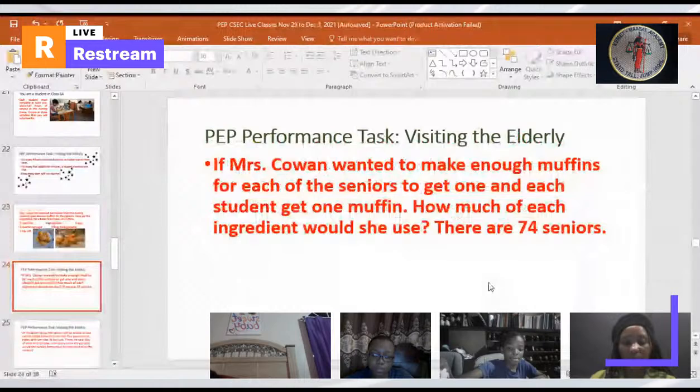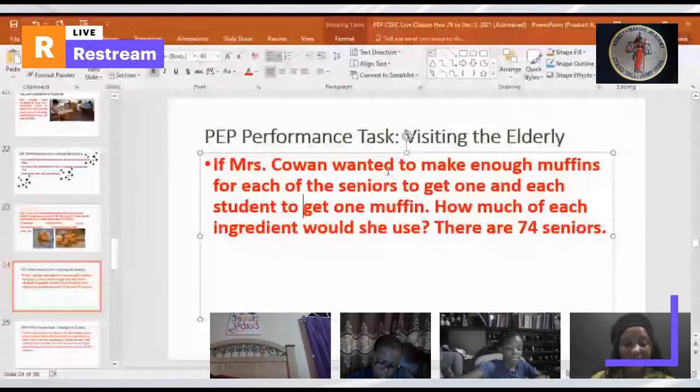So now that we remember that, 74 seniors and 26 students. Go back to the drawing board and tell me now, how are we to work it out? Okay, so Madison is now saying 4 times, not 3 times. 4 times the amount of ingredients.